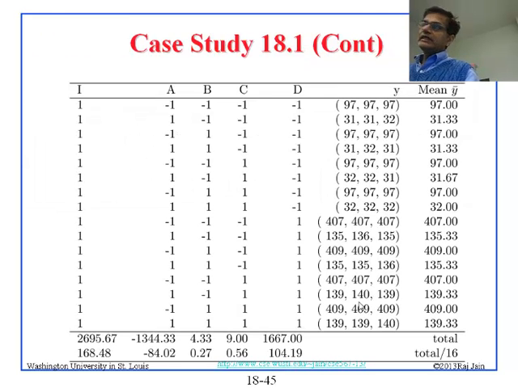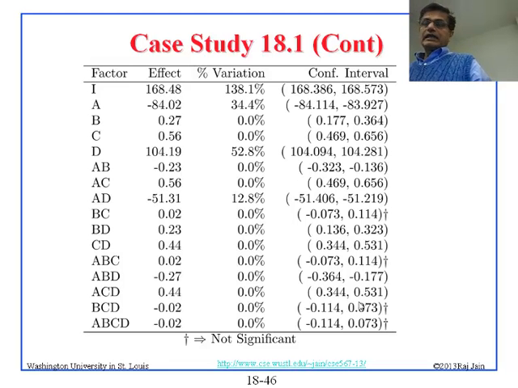And they repeated each thing 3 times, and these are real numbers, not made up. So they have these 16 times 3, 48 numbers. This is the mean. They did the sign table method, and this is the final result: percentage variation and confidence interval.